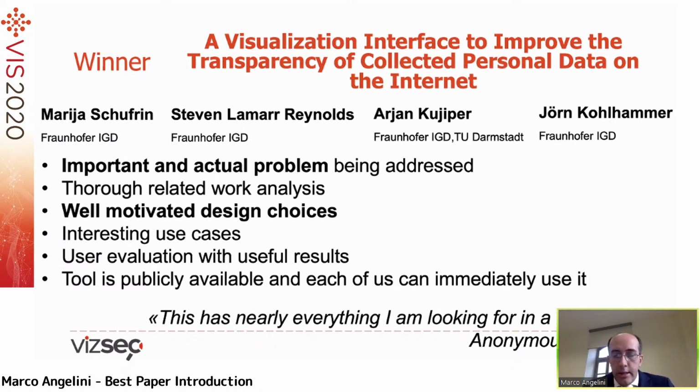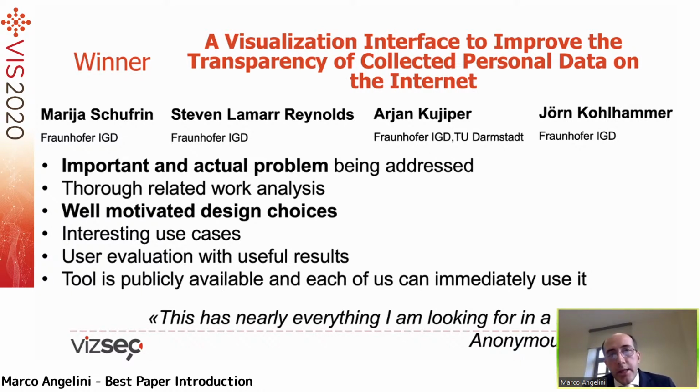And the idea is unfolded through a very deep related work analysis that highlighted what was missing and what can be achieved by a work like the one proposed, a well-motivated design of a platform called Transparency VIS that allows one to understand what kind of exposure we have with respect to our personal data on social networks or on big data platforms like Amazon or Google.